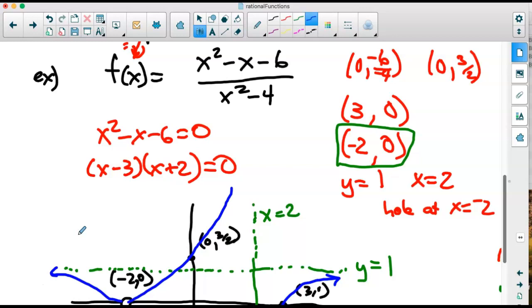All right, so I'm looking at the function. It looks like it's not going to be. So 2, 0 is not on the graph. So what's happening here is that it approaches, it doesn't cross the axis.